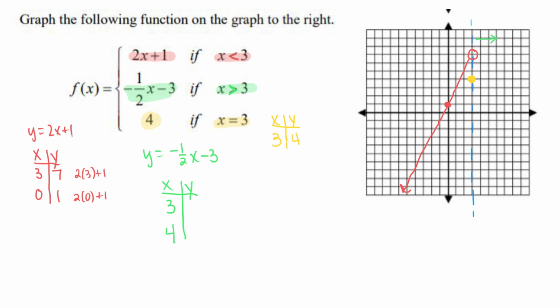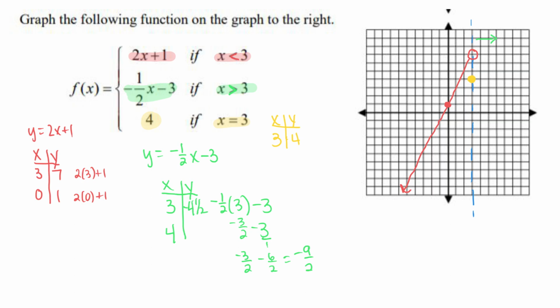So when I plug in 3, I've got -1/2 times 3 minus 3. Well, that would be -3/2 minus 3. Since I'm doing this without a calculator, let's convert this to have a denominator of 2. -3/2 would be -6/2. So that would be equal to -9/2, which is -4.5. You could use your calculator to help you out on that.